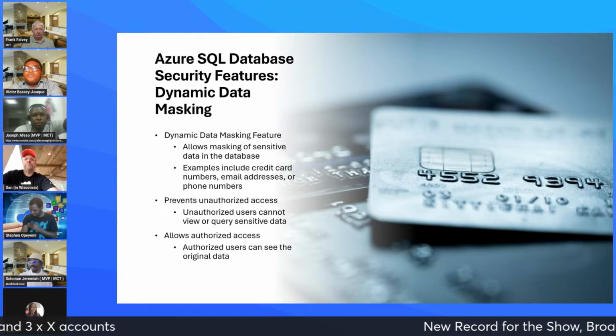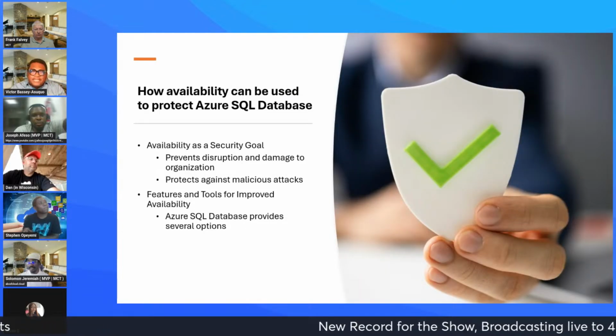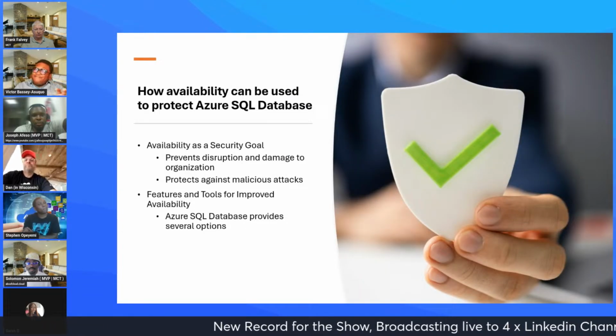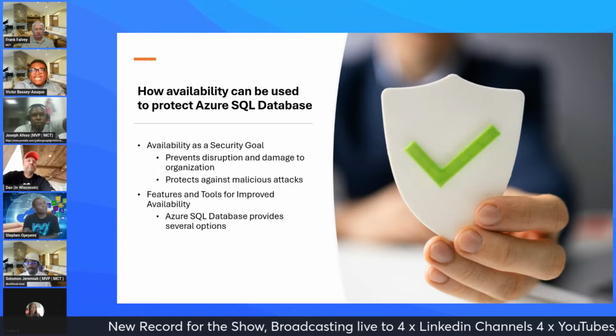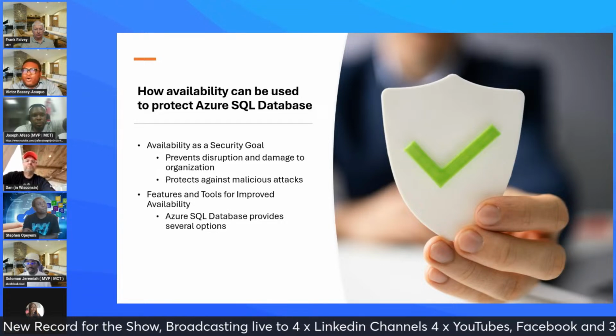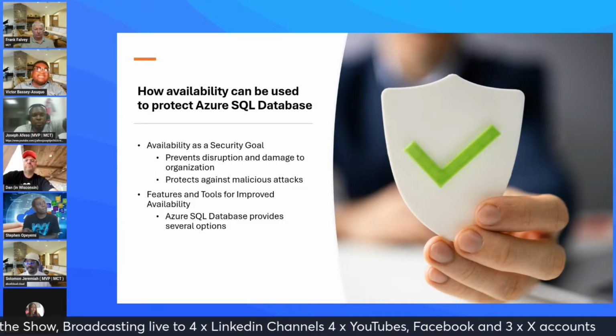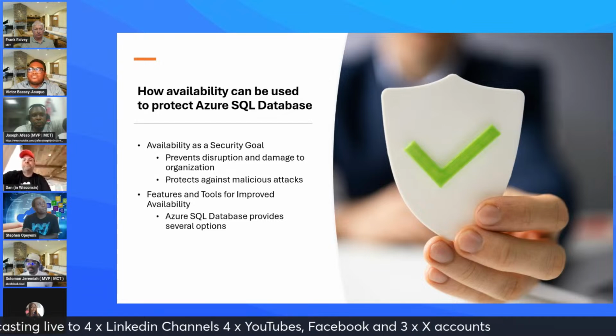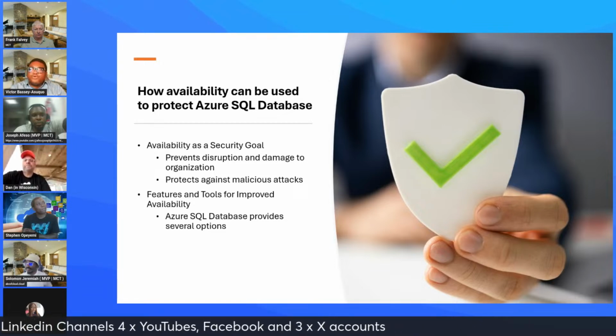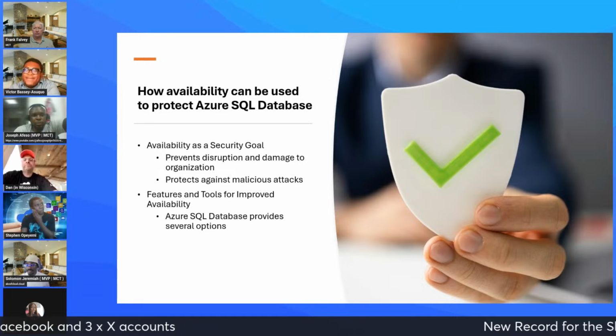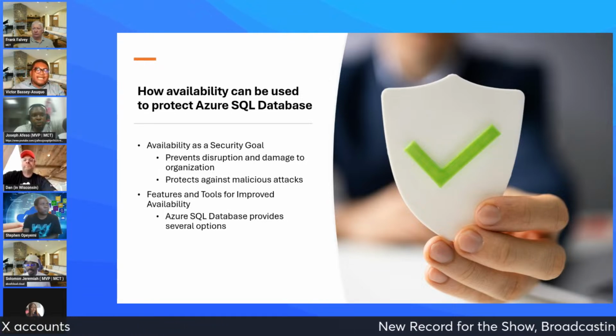Then further on, we also have some availability features. Now, the A in the CIA is very important for data security. And there are lots of features and tools that allow us to improve availability to protect our data against damage and malicious attacks.